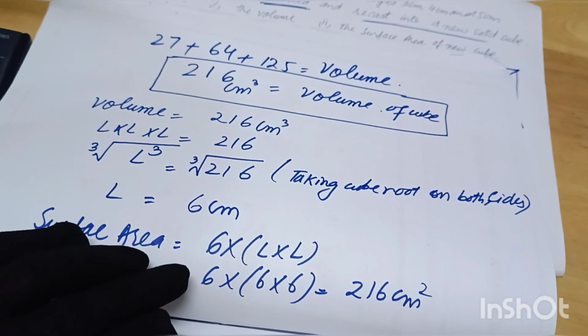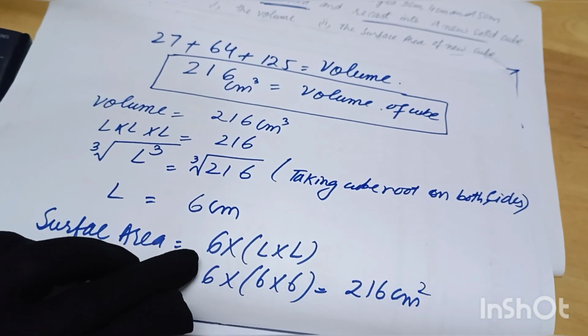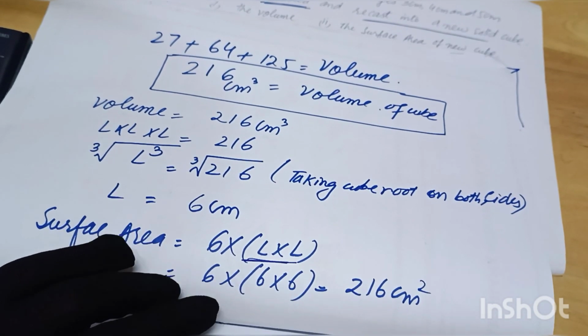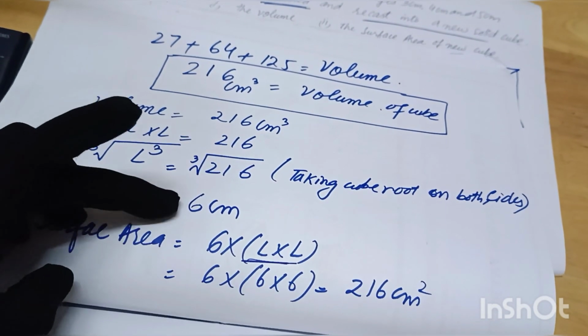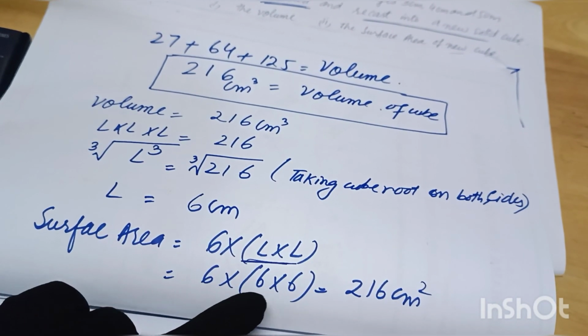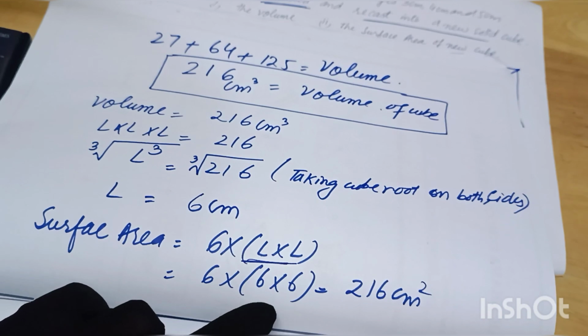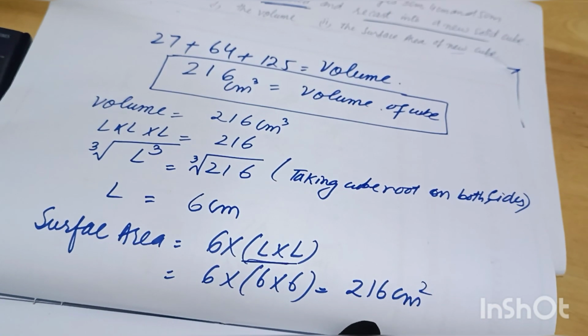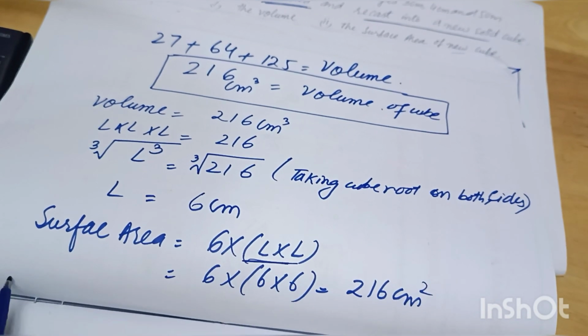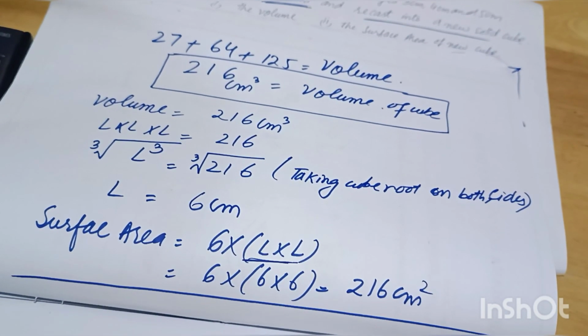Every face is a square face, so 6 times the square face area, with formula L cross L. So 6 times 6 times 6 is 216. The area unit is centimeter square, hence the full question is completed.